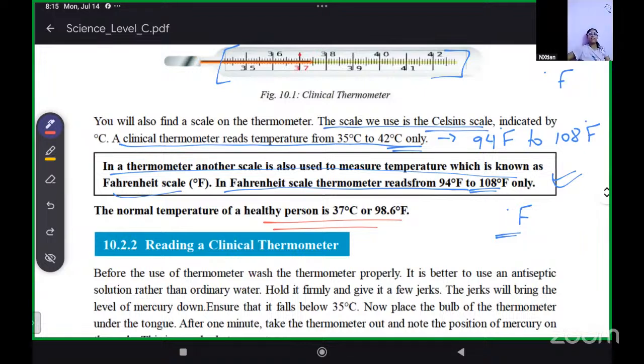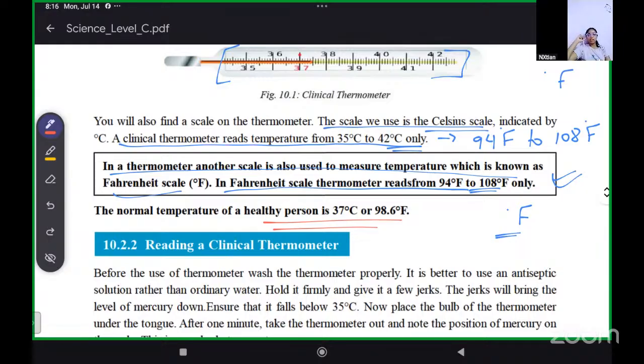These are the fever measures that I've heard. If it goes to 104 or 108, it is a very high fever.